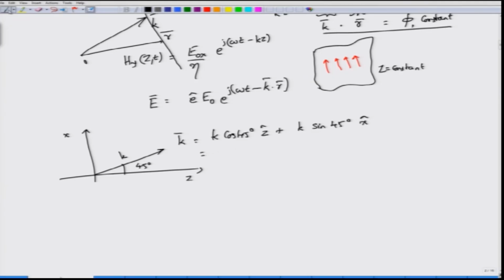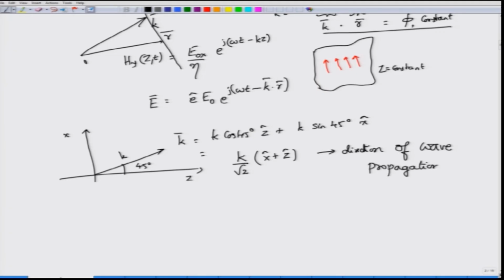So, this is basically k by root 2 times x hat plus z hat. This describes the direction of wave propagation.